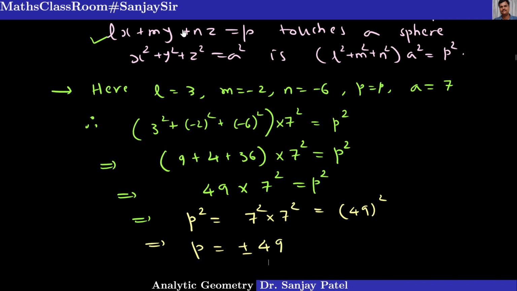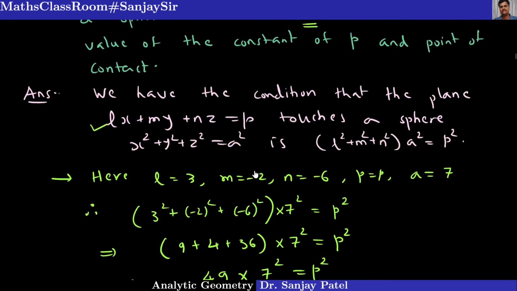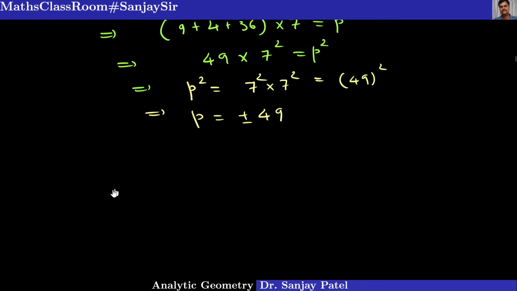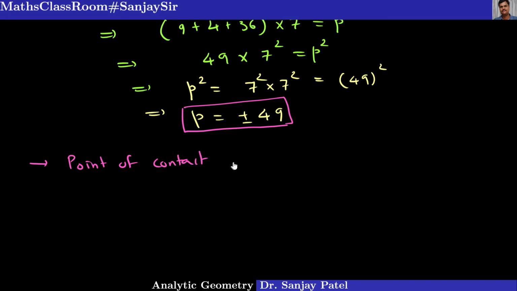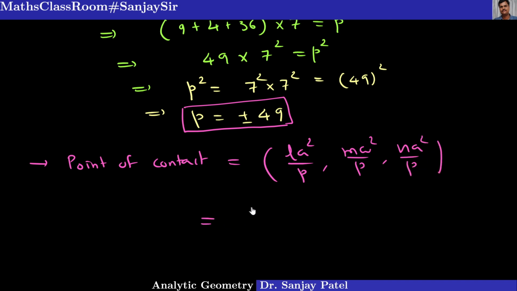So this is the required constant, p is equal to plus or minus 49. And the point of contact is also remaining. The point of contact is given by, you must remember this formula, L a square upon p, M a square upon p, and N a square upon p. What is L, M, and N?